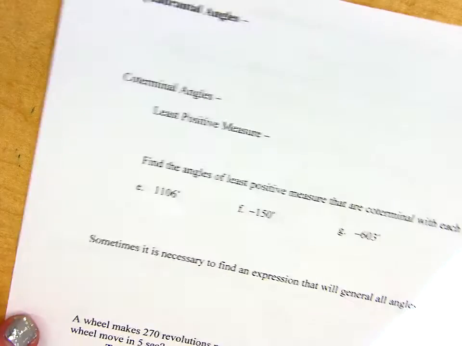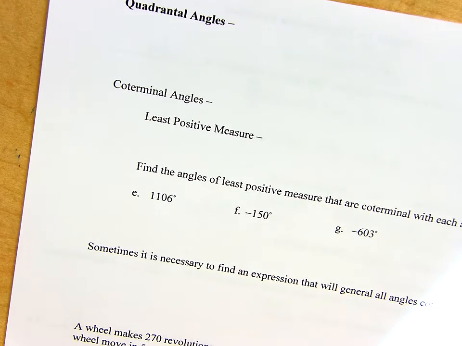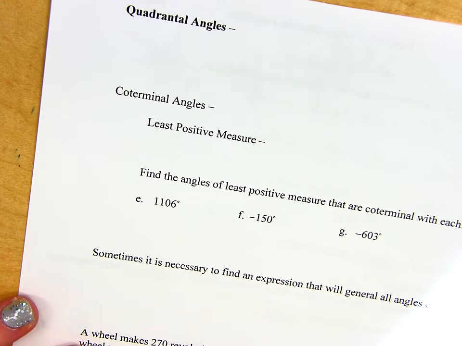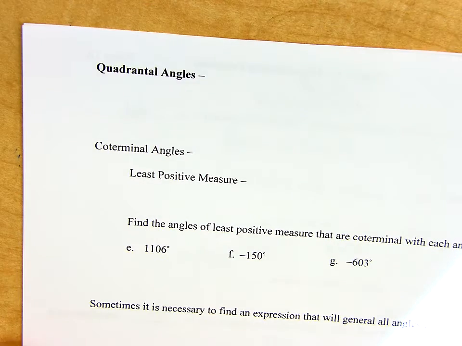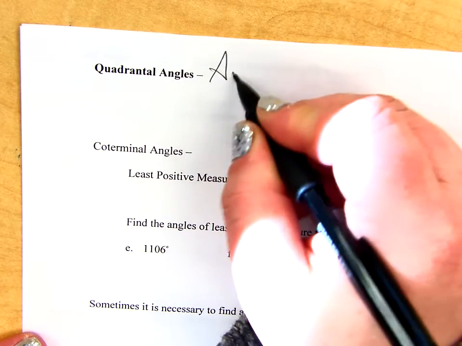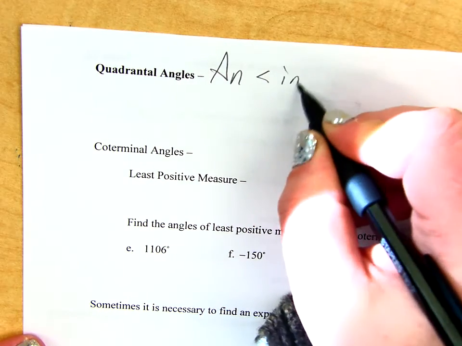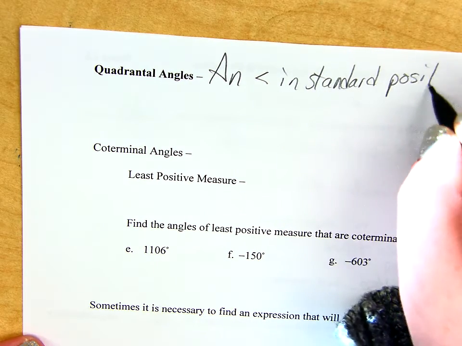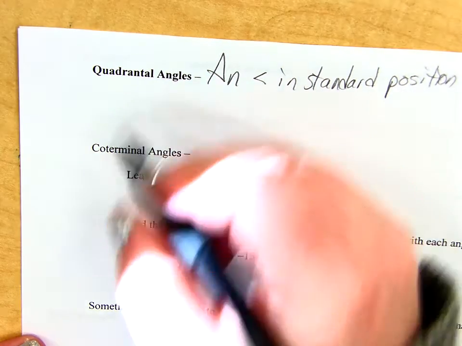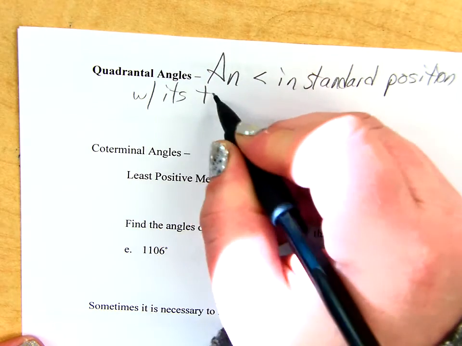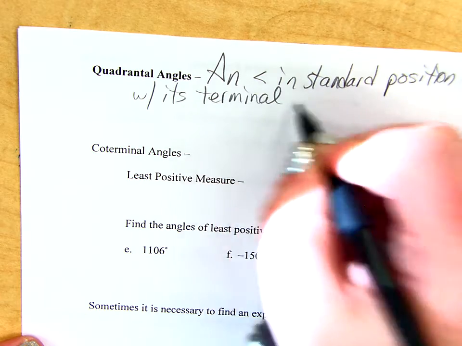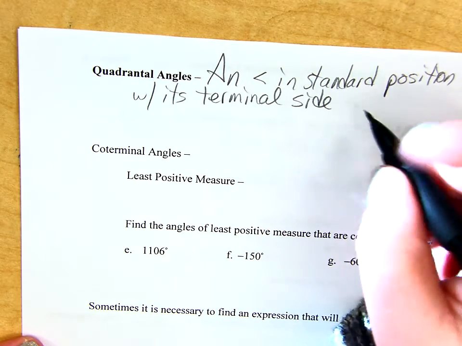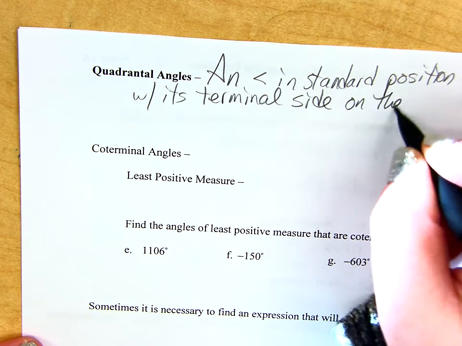Now we have these things called quadrantal angles. What word do you see in quadrantal? Yes, quadrants, right? So quadrantal angles are simply an angle in standard position with its terminal side on the x or y axis.